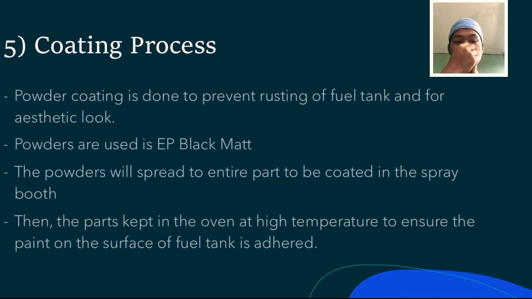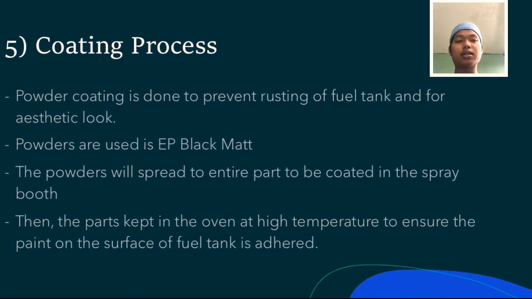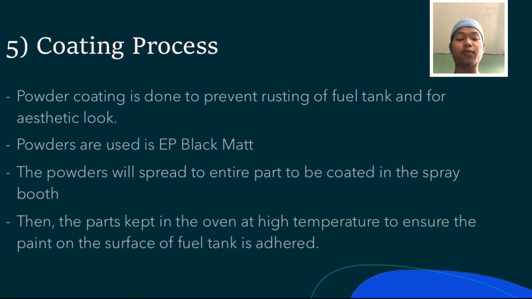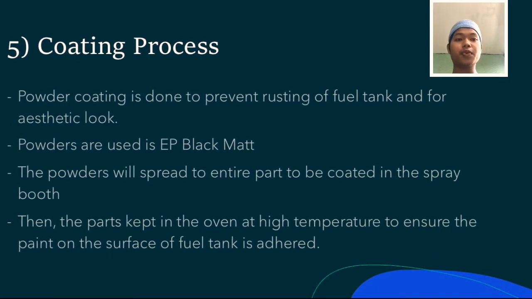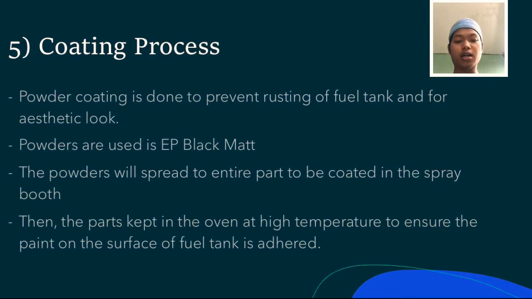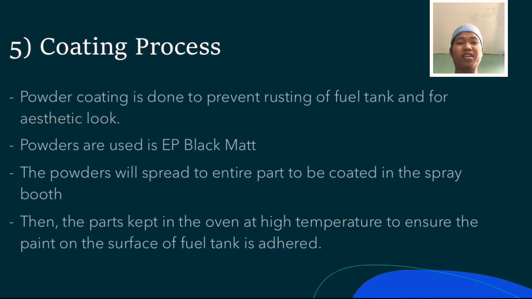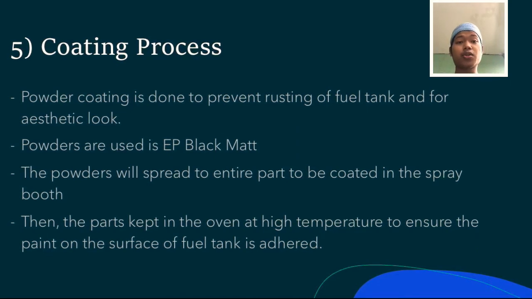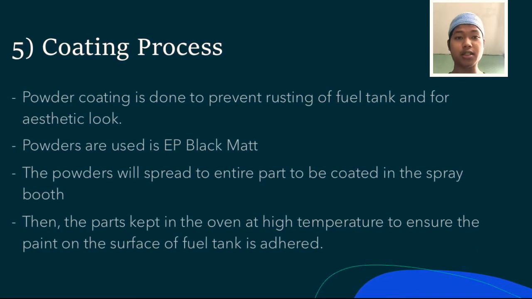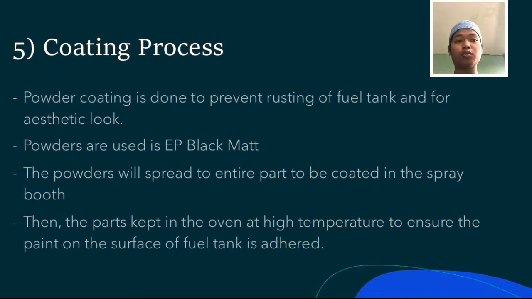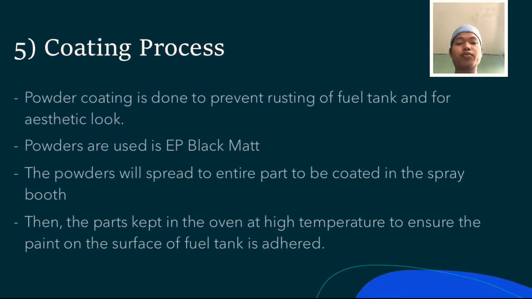The powder used in this coating process is EP black matte. It is very suitable for fuel tanks and other parts. The powder is sprayed on the entire part to be coated in the spray booth.